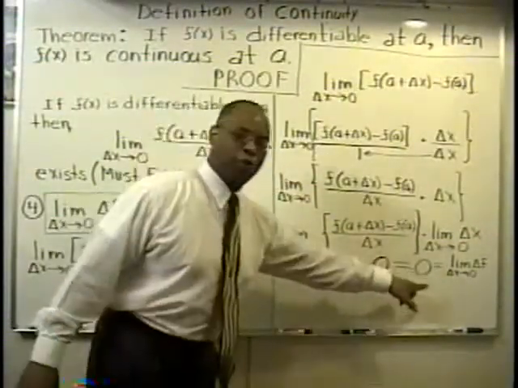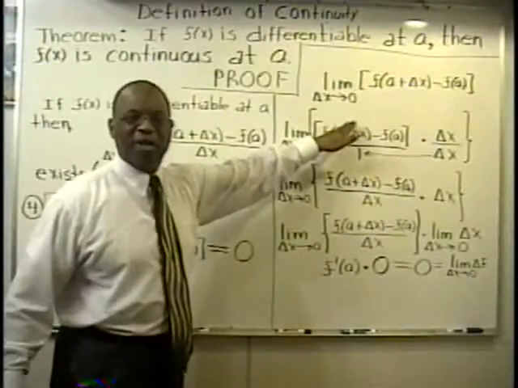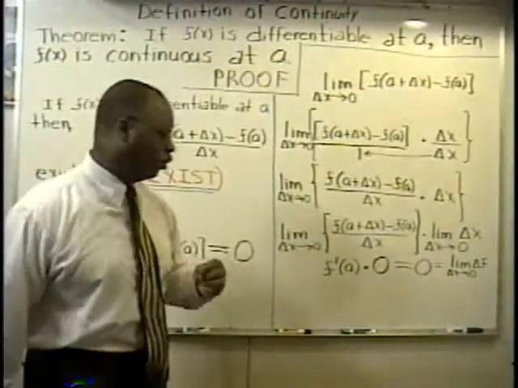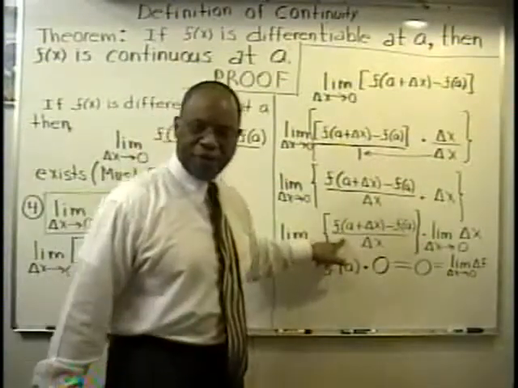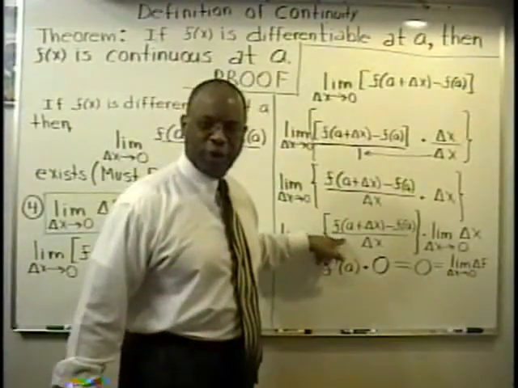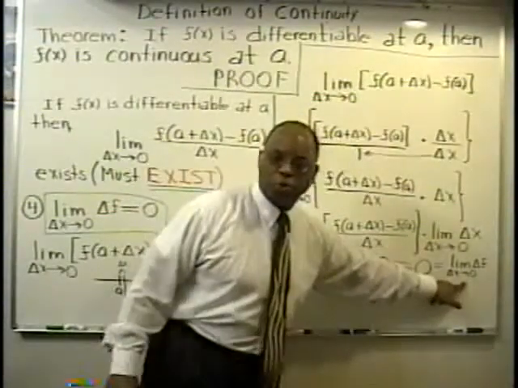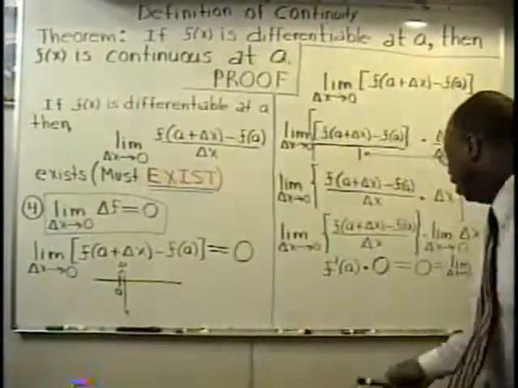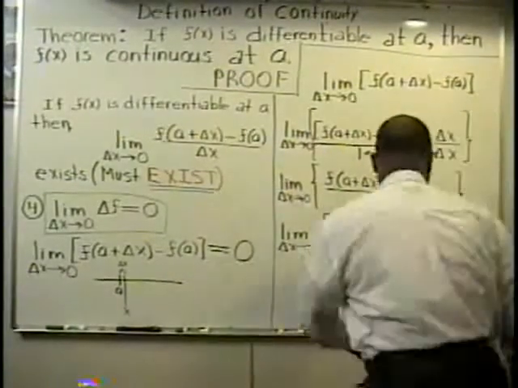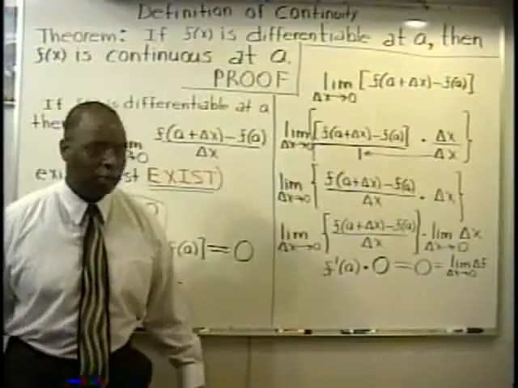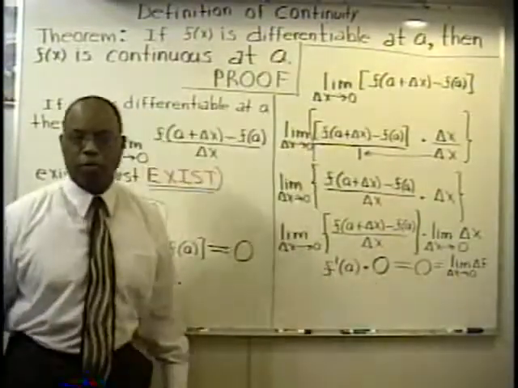So we have just shown directly from the definition of continuity, we used the definition of continuity to prove that if a function is differentiable at a point, then it is continuous at that point, because we have just shown that the limit of delta f as delta x approaches 0 is indeed equal to 0.